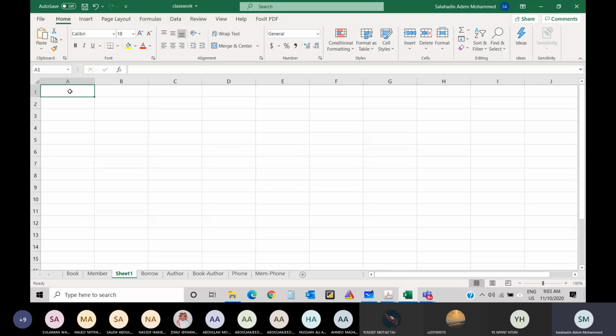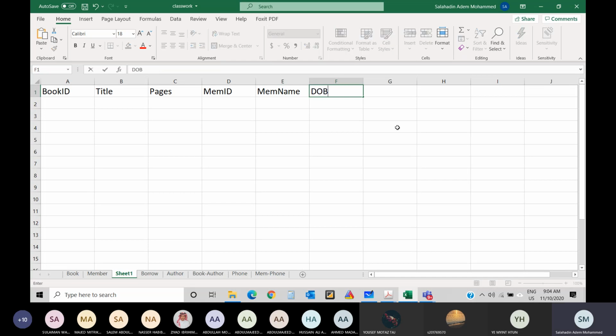Some of you did it this way. You wrote book ID, the title of the book, and the number of pages in the book, and the member who borrowed the book, member ID, and then member name, and the date of birth of the member, and so on.